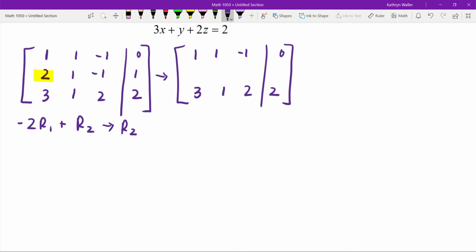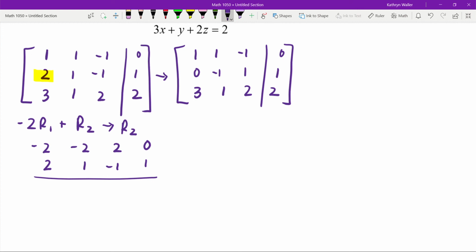Take a negative 2 and multiply the top row by that. So you have negative 2, positive 2, and 0. Write row 2 right underneath it. Add those together and you get 0, negative 1, 1, and 1.